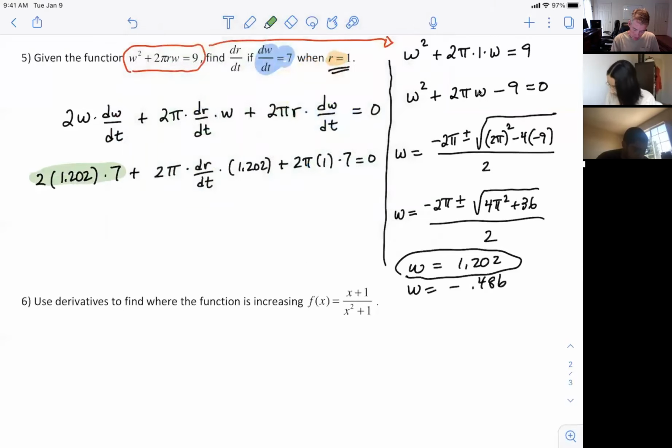So then I'm going to combine these two green blobs, because they don't have any variables, those are just numbers. So I need to know 2 times 1.202 times 7 plus 2 pi times 7.